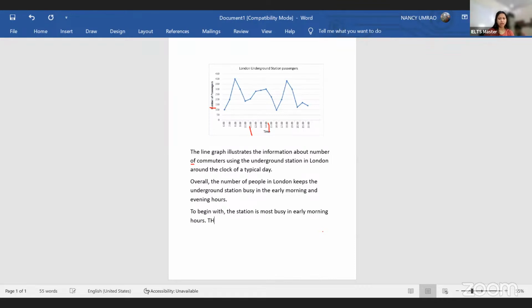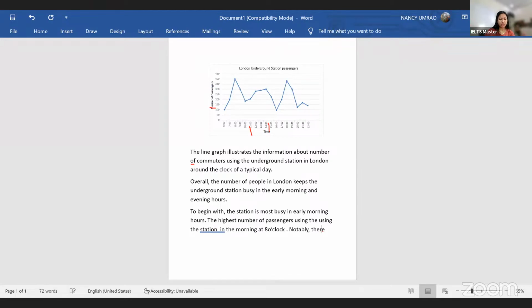Full stop. The highest number of passengers using the station in the morning at 8 o'clock. Full stop. Then use connector.